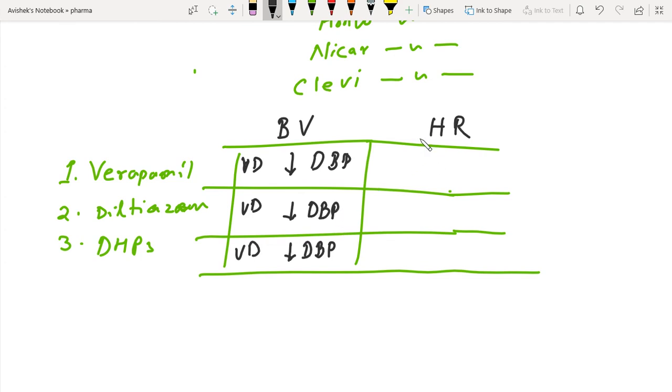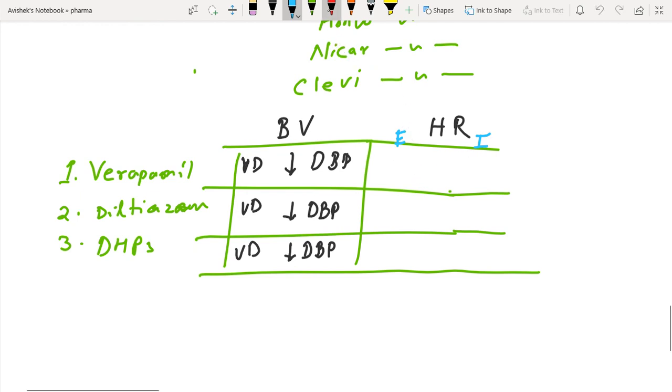In heart rate, there is slight change during expiration and during inspiration.